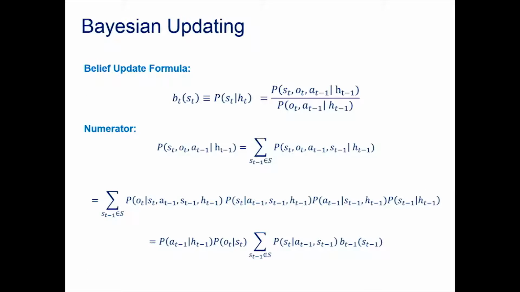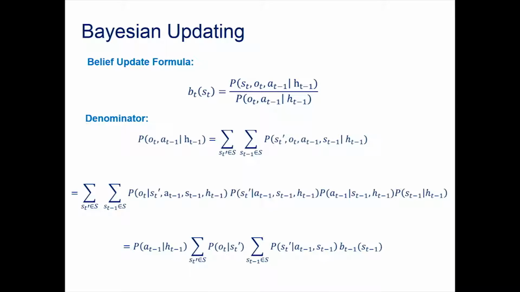But the nice thing is that, and I won't go through all the details of this, but you can check this out. Basically, you can use Bayes' law and reorganize the numerator and the denominator. And what happens is you can re-express it in terms of the prior belief. The only place that the history now pops up is in this term here, and we find that same term in the denominator. Again, the rest of it only depends on the prior belief.